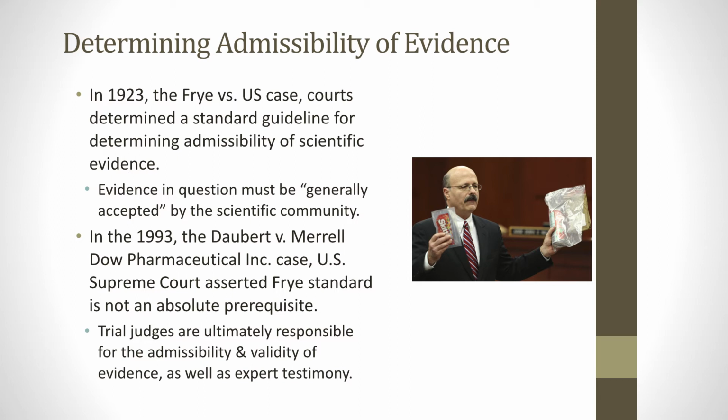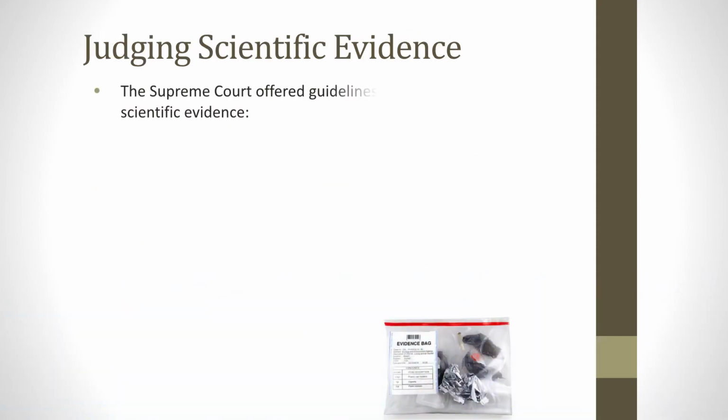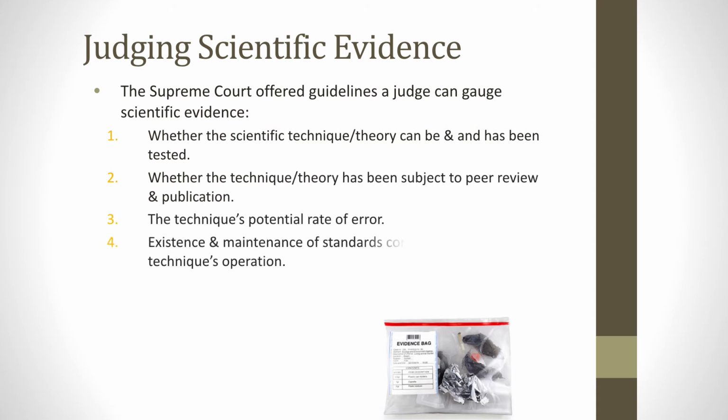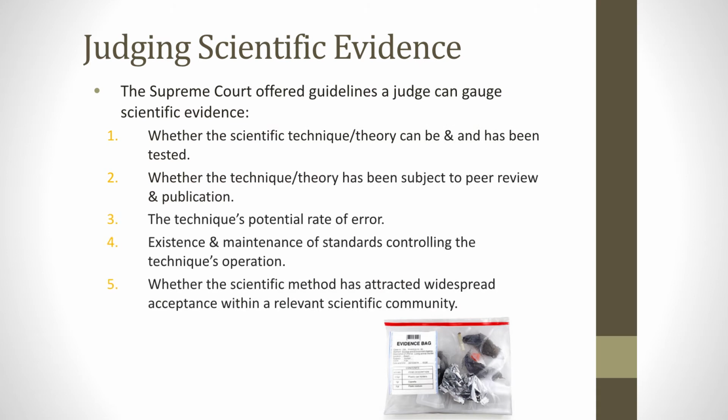It also gave the trial court judges responsibility for admissibility of an expert testimony, which we'll get into in a little bit. So judging scientific evidence, they didn't just leave it completely up to the trial judges, but they set forth some guidelines for them to gauge it.